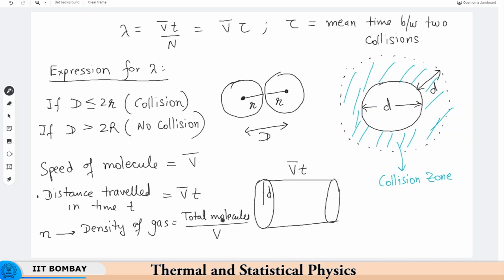So, how many collisions will this molecule undergo in this volume? That will be equal to the number of molecules that are inside this volume, right. So, what is that volume?